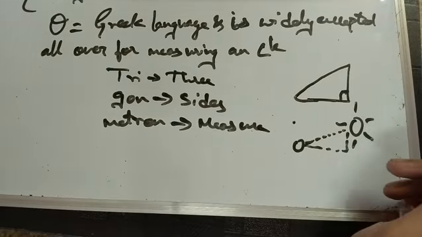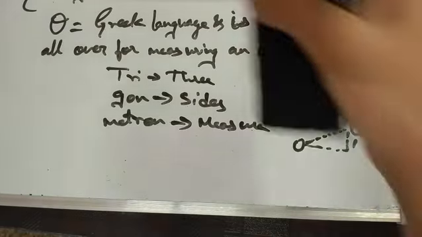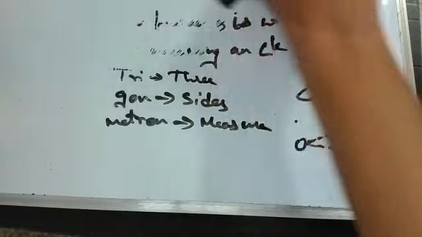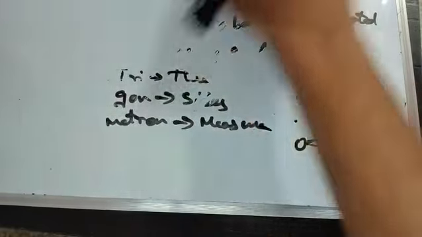For learning in detail we must go through trigonometric ratios, which play a pivotal role in trigonometry. Basically there are 6 ratios in trigonometry. Number 1 is sine, sin theta. Number 2 is cosine. Number 3 is tangent.